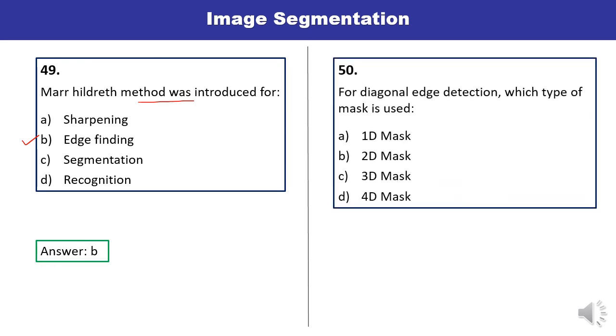Next question, which is the next and last question of this video lecture. For diagonal edge detection, which type of mask is used? Whether the mask is one-dimensional, two-dimensional, three-dimensional or four-dimensional. So for diagonal edge detection, two-dimensional mask must be used. Means B is the correct answer.